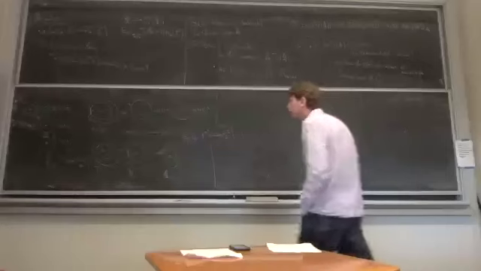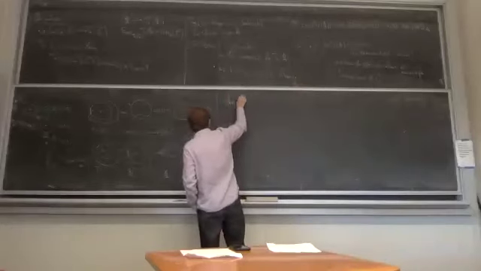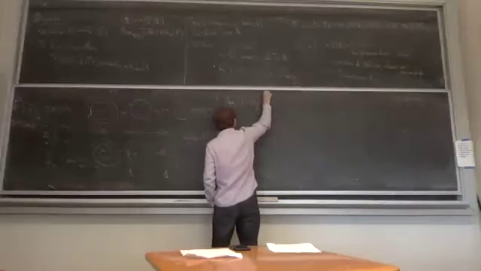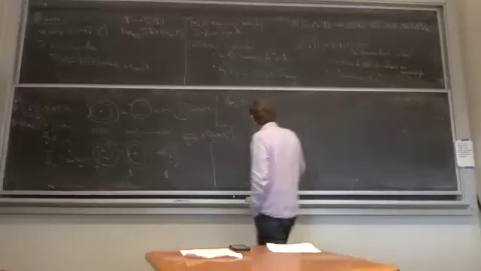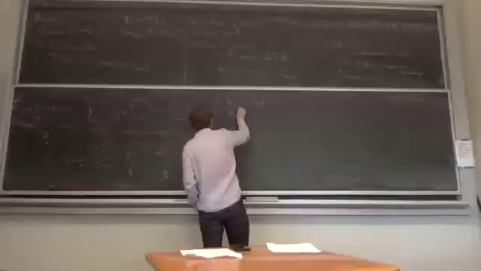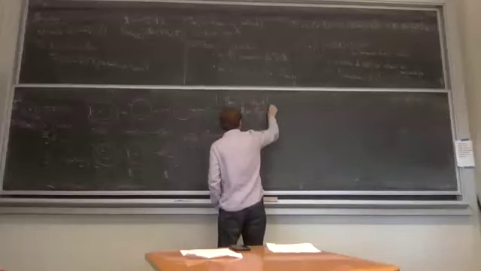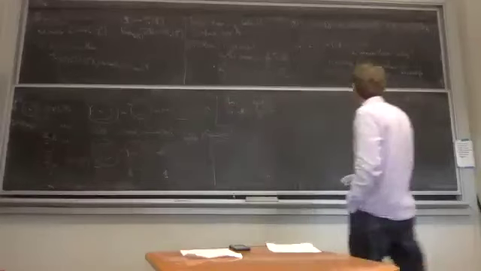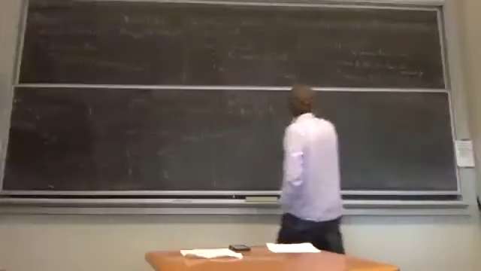Okay, so let me see now what happens in the affine situation. So this is the theorem. In affine type A, you can try the same computation. So the number 2 is still fine.